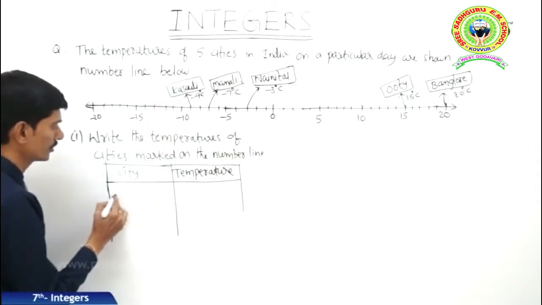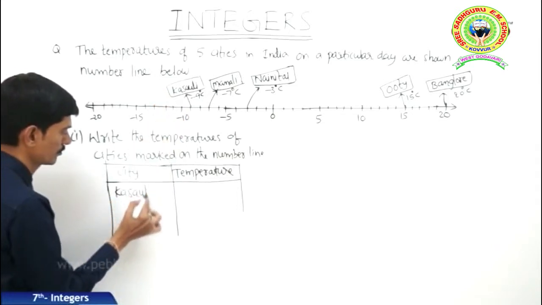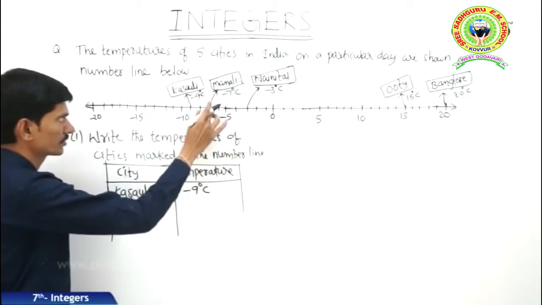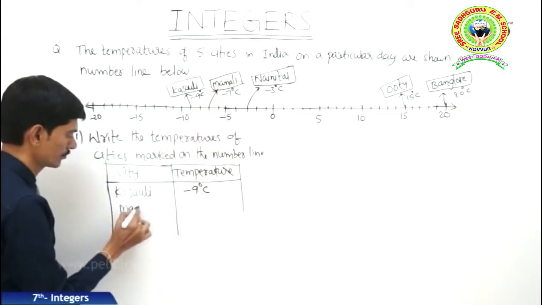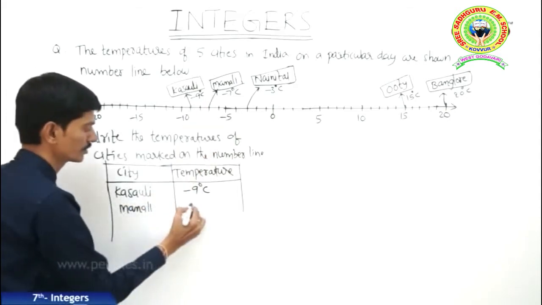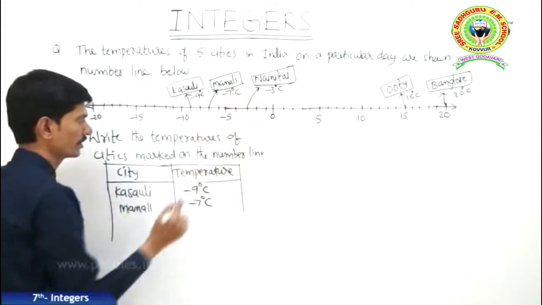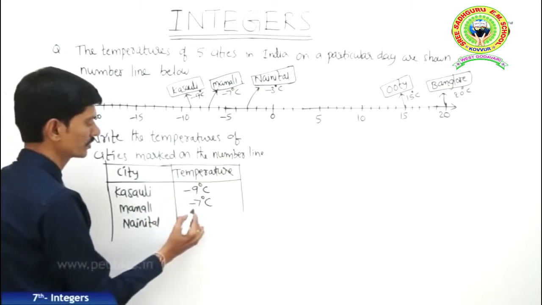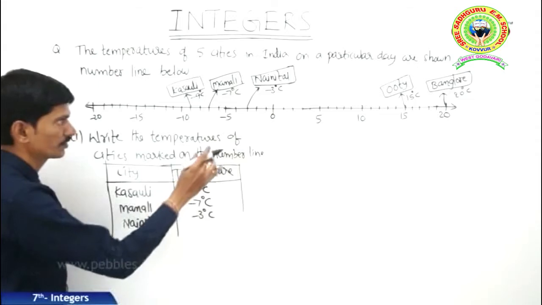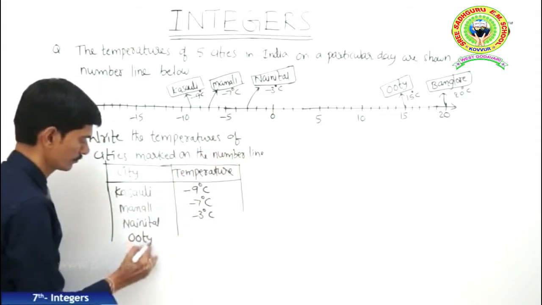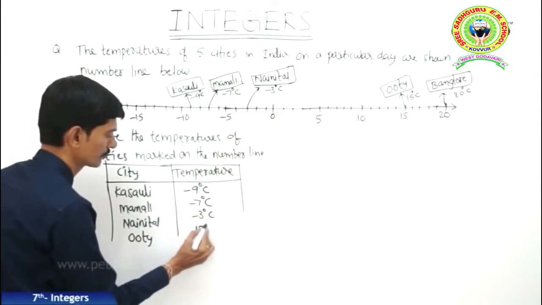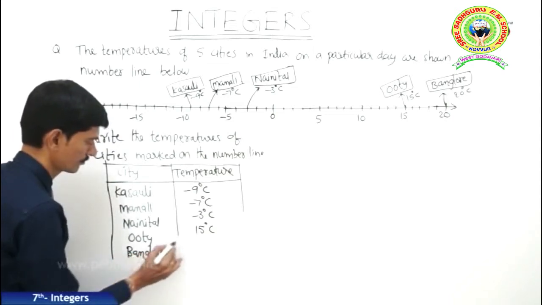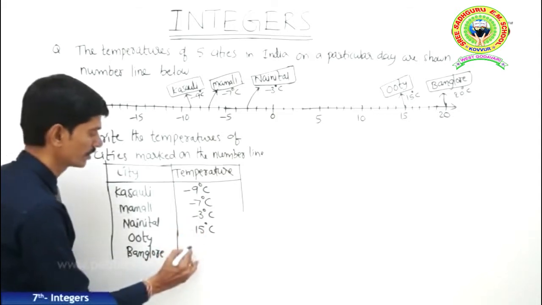Now the first city, that is Kasauli. The temperature of Kasauli is -9 degrees centigrade, and the temperature of Manali is -7 degrees centigrade, and the temperature of Nainital is -3 degrees centigrade, and the temperature of Ooty is 15 degrees centigrade, and the temperature of Bangalore is given as 20 degrees centigrade.